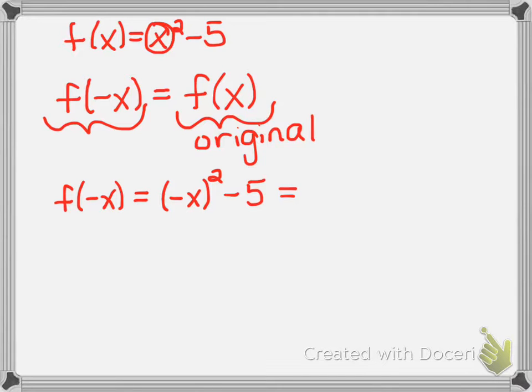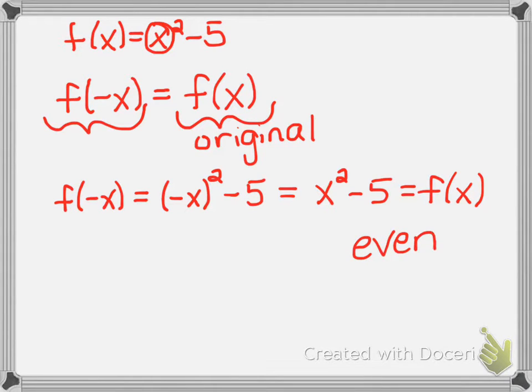Yeah, it becomes positive. Squaring anything makes it become positive. So (-x) squared becomes just x squared. And then there's the -5. And sure enough, that is the same as the original equation. So you just proved that it's an even function.